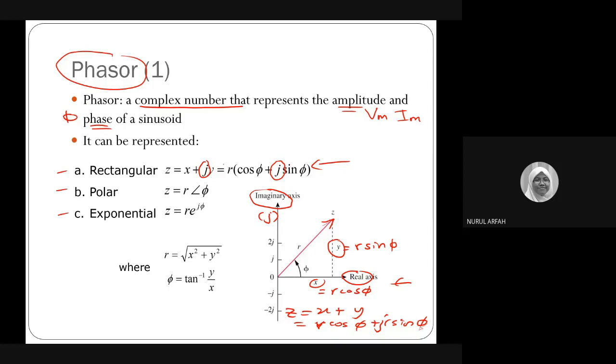Usually in your textbook you use i, but we want to differentiate it from current. Because we usually use current and voltage, right? So we do not want to mix it up with current. But if you use a calculator, your calculator will use i. i stands for imaginary, not current.